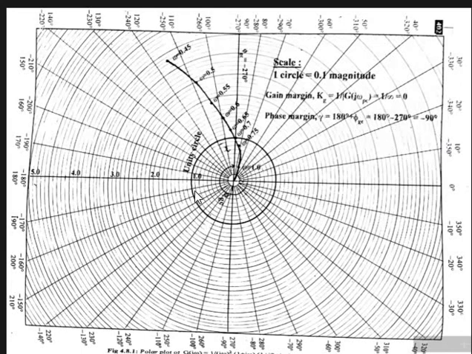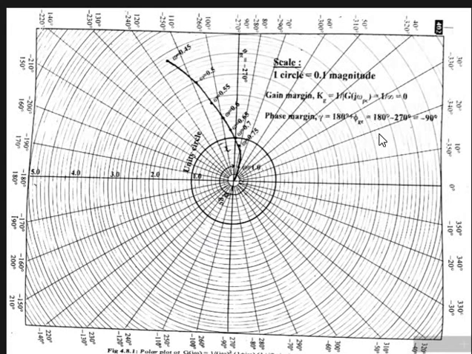From here to here is 180 degrees, and from here to here is 270 degrees. So this is the line. The angle from the 0 degrees line to this line is 270 degrees.